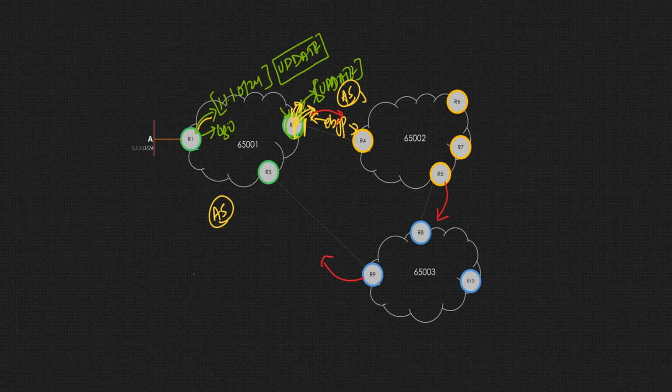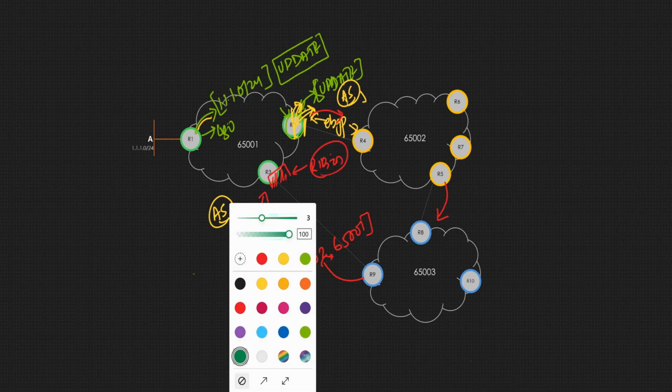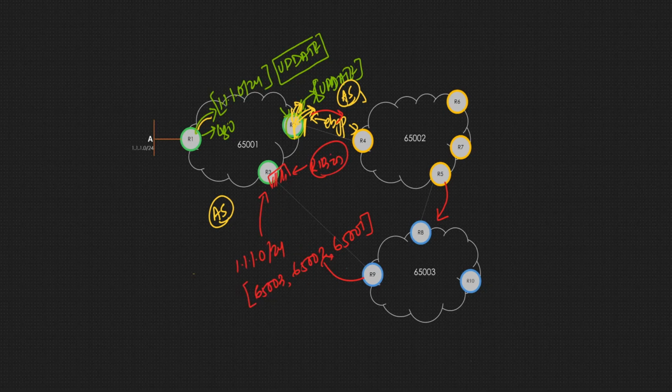Now when R9 advertises 1.1.1.0/24 with its own AS path, 65002 and 65001, when R3 receives it, it will check whether its own AS is listed in the AS path of the update coming in. It checks on the receiving, inbound side. Okay, it is already there, so it will discard that route.